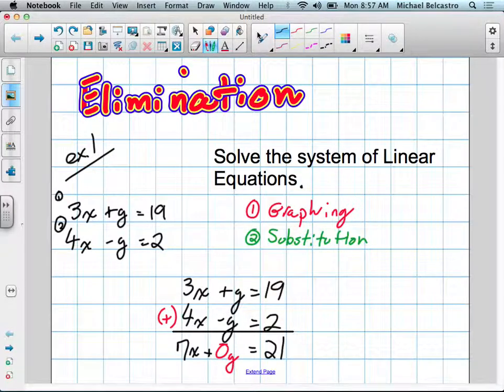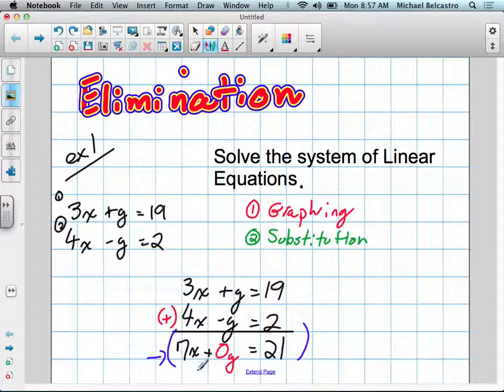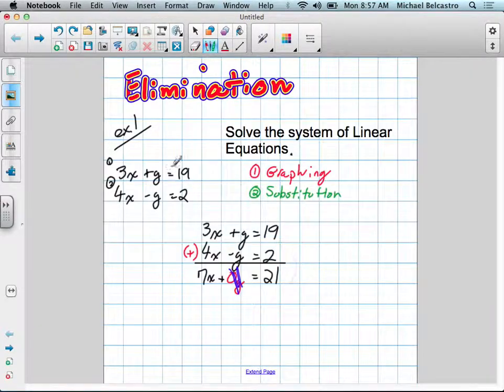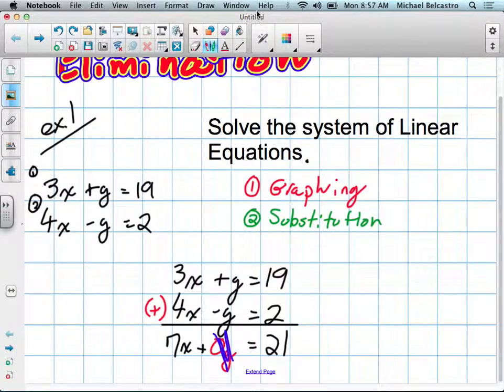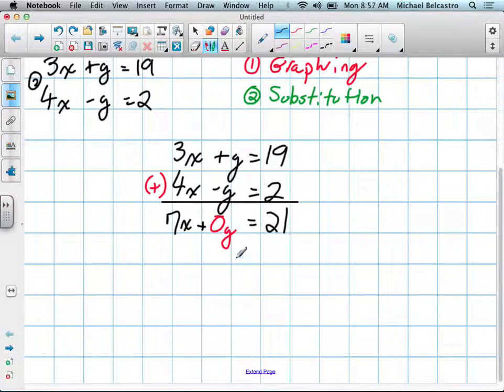So now what I've done, it's similar to what we were doing in substitution. I've now created just one equation, and we're about to find out it's only going to have one variable in it. So I added the two equations together to eliminate one of the variables. Okay? So, since that 0y is going to fall off, what are we left with as an equation? Justin?